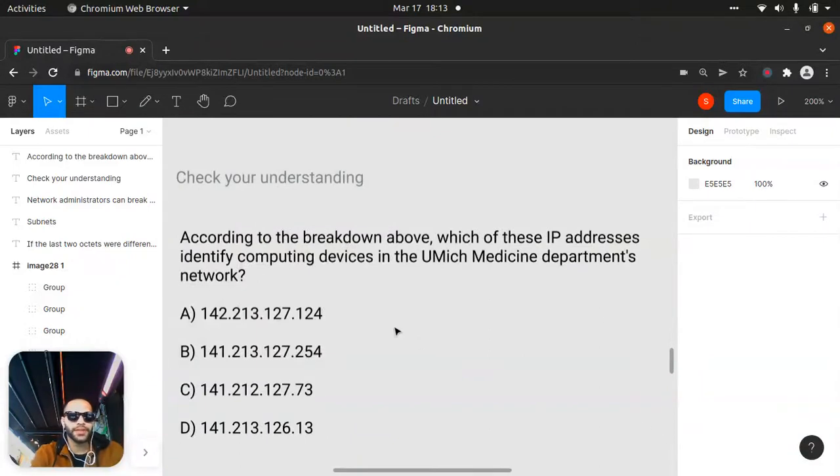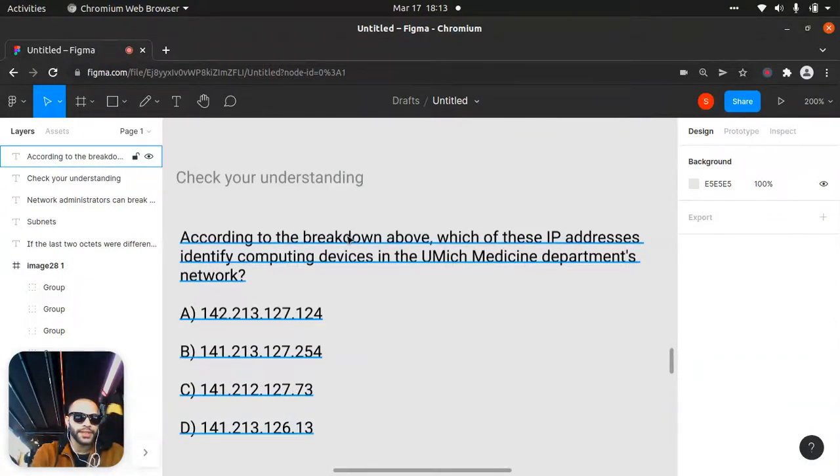Let's check your understanding. According to the breakdown, which of these IP addresses identify computing devices in the unique medicine department network? Well, what we saw there. You need to see all this coming from the medicine department.